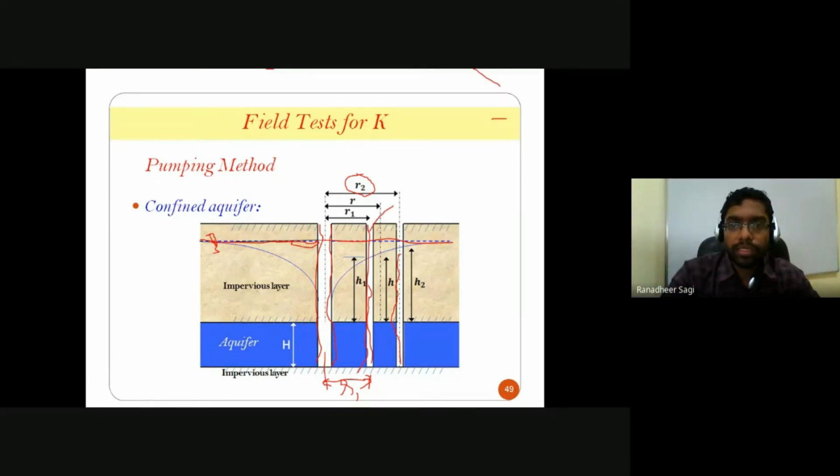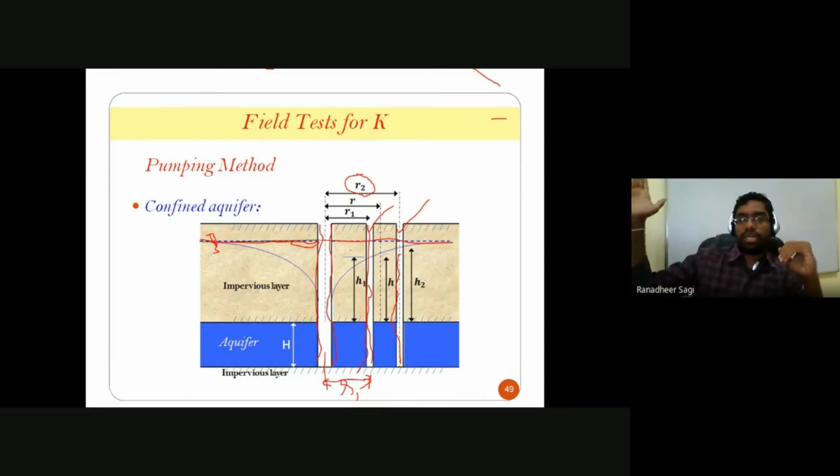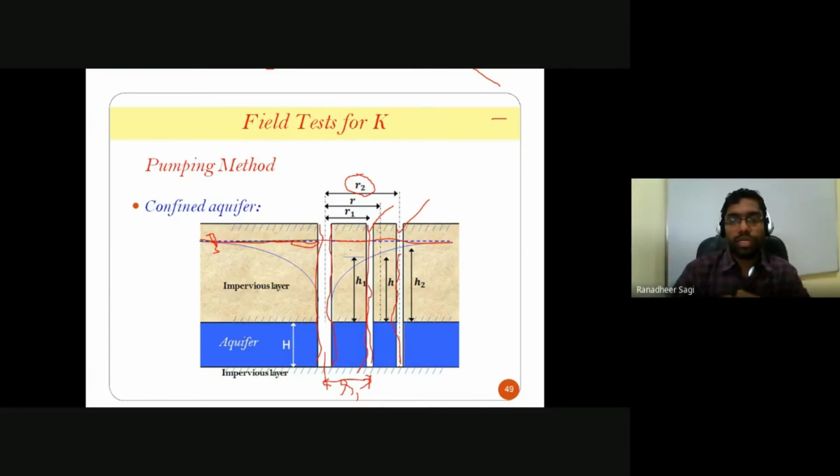This and this are what we call observation wells. Okay, so let's say at time t equal to something, the water level in observation well 1, or water table position in observation well 1, is up to H1, whereas the water table level in observation well 2 is up to a head of H2.